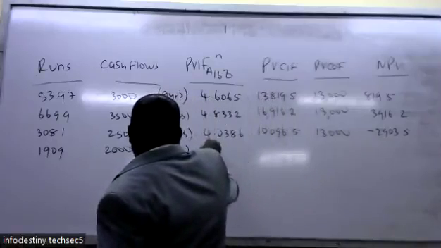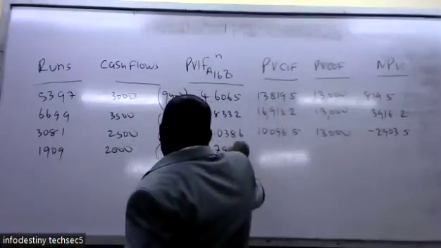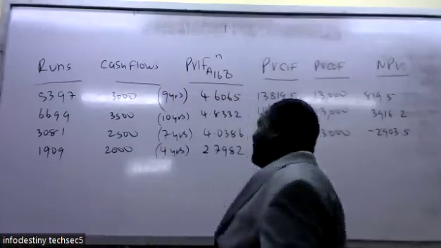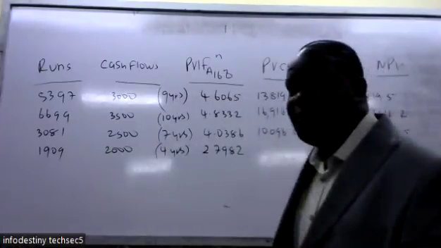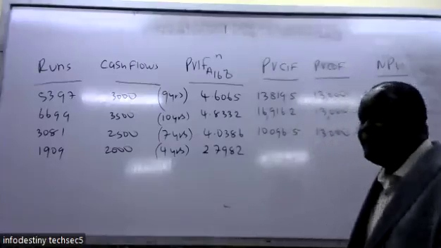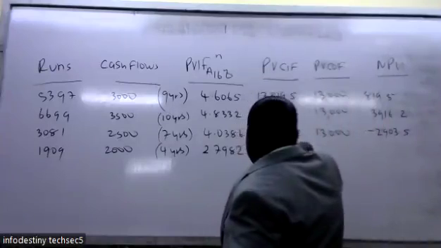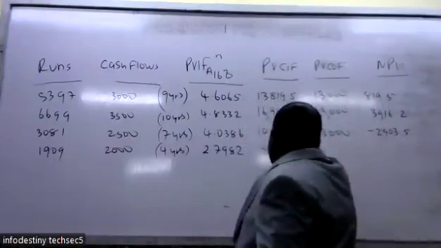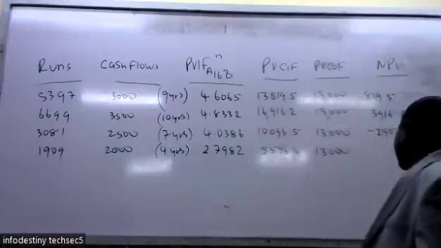It is 2.9 8 8. Then you also multiply by 2,000, which will give us which value? 5,596.4. So the 13 will not change.